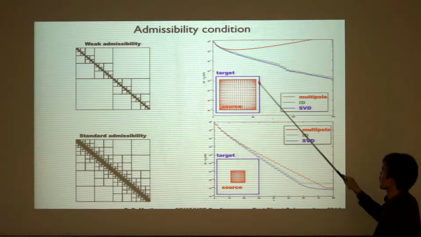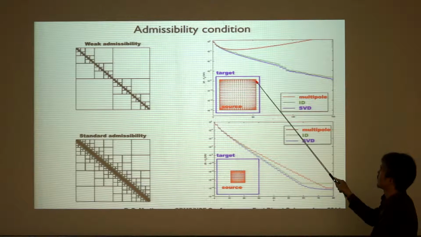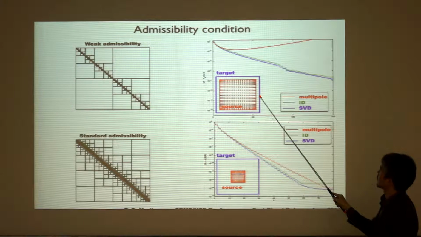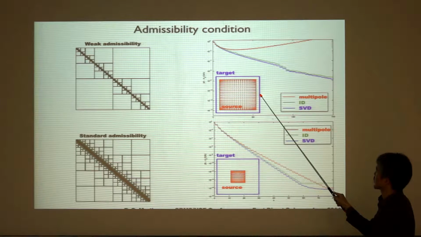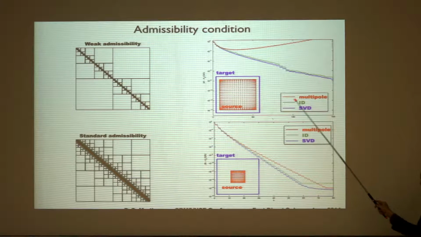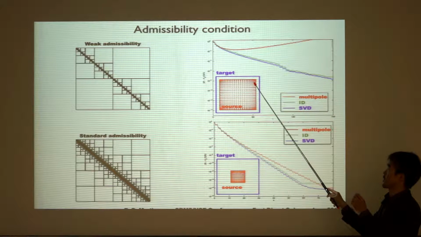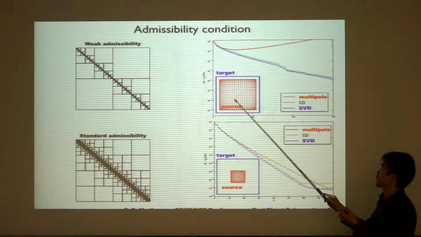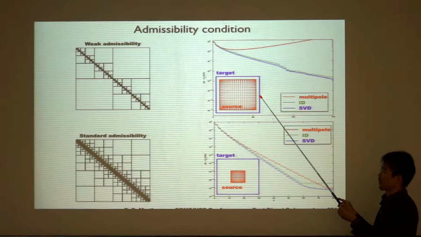This is more like a square, and so the distance from the center to this red point is actually further than the distance from the center to this blue point, for example. And so in that case, the multipole expansion, because the rule for the Taylor expansion that I explained in the first few lectures was that the red point had to be closer than the blue point.